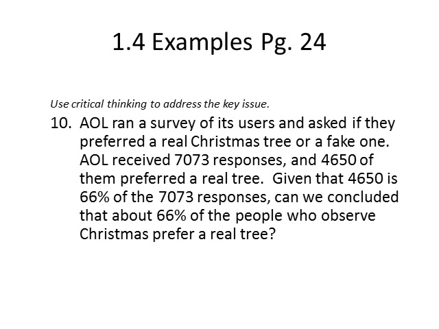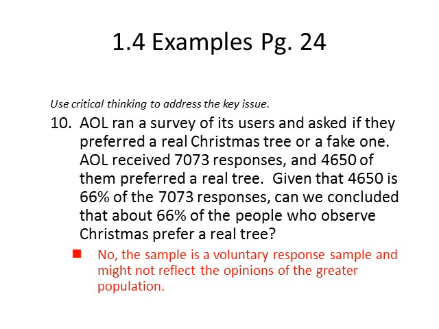So notice here that we are transitioning from the population of AOL subscribers and we're saying 66% of the people. Well, this sample is a voluntary response sample. So we need to remember that and mention that, and remember that it might not reflect the opinions of everybody involved. So that's the problem with that type of a conclusion.